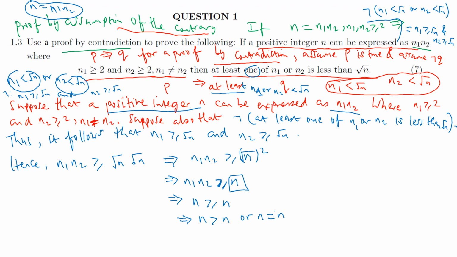In each case, we understand that n greater than n is not true. We agree that n is equal to n. But also we understand that the n1 and n2 from the assumption, n1 can be 2 or more, n2 can be 2 or more, but they cannot be equal to each other.